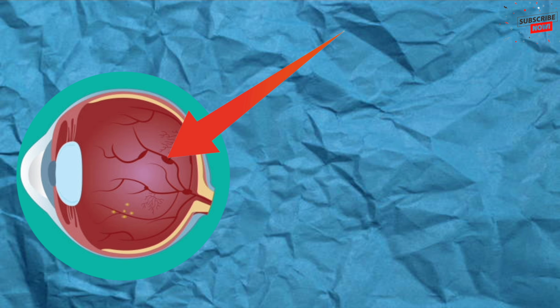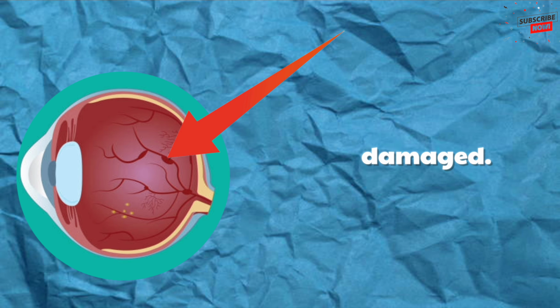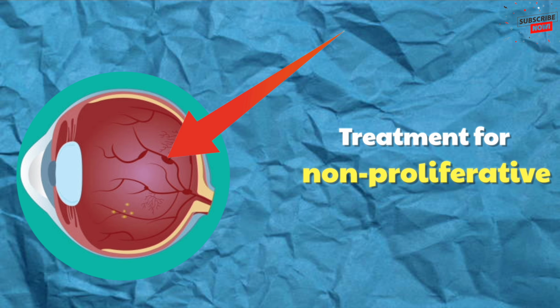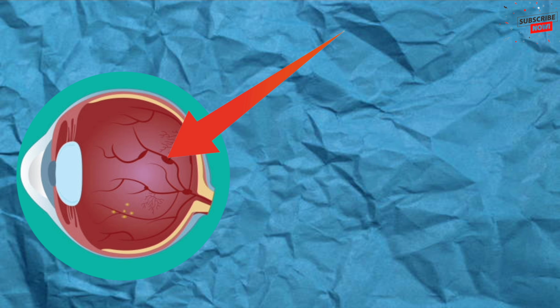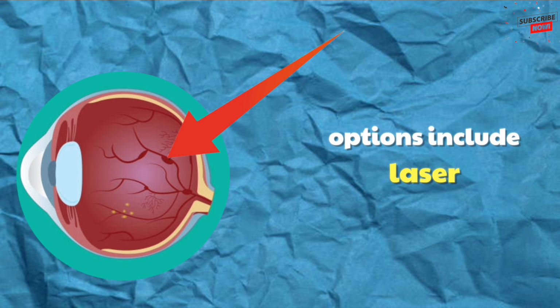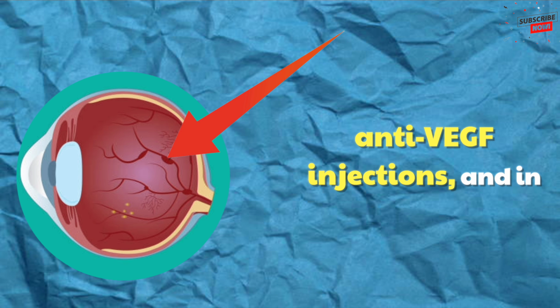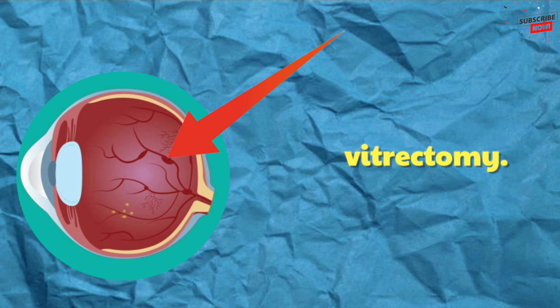In this stage, new blood vessels are not yet growing, but existing ones are becoming damaged. Treatment for non-proliferative diabetic retinopathy focuses on slowing or stopping the progression of the disease and preventing further vision loss. Treatment options include laser photocoagulation, anti-VEGF injections, and in severe cases, vitrectomy.